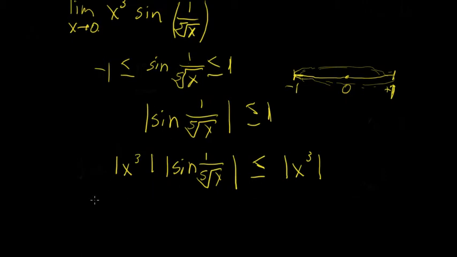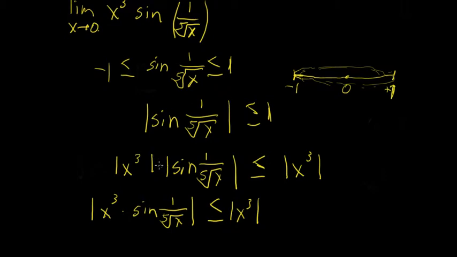Well, that's equivalent to the absolute value of this product here, x cubed times sine of 1 over the fifth root of x. And we'll just rewrite the right side here, absolute value of x cubed. So all this is saying is that the product of absolute values is equivalent to the absolute value of a product.